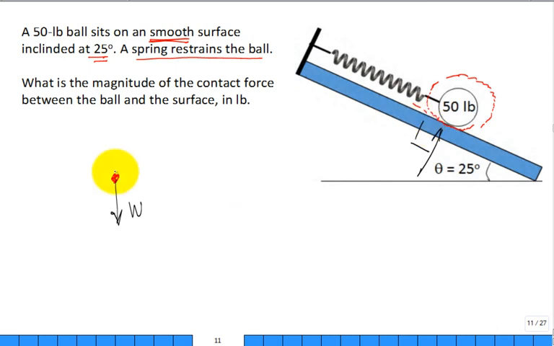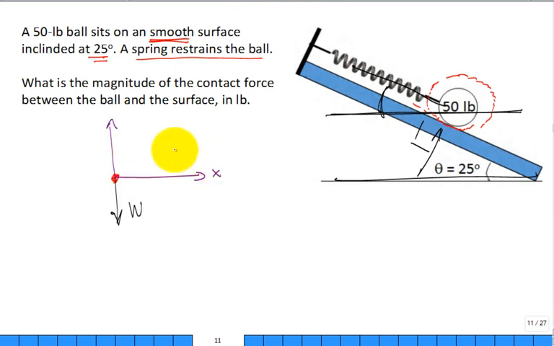The spring is a little easier. If I draw horizontal, this is horizontal. What's the angle here for the spring pulling up? 25. So maybe what I do is put in a coordinate system to help me a little bit. Let's call this X and Y. And then we'll put in a force for the spring.